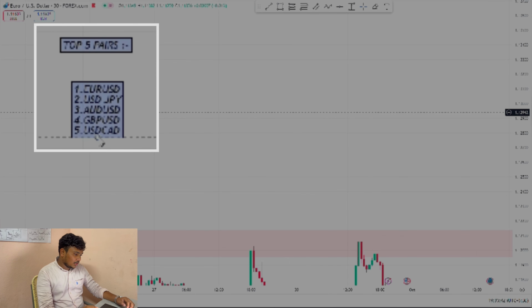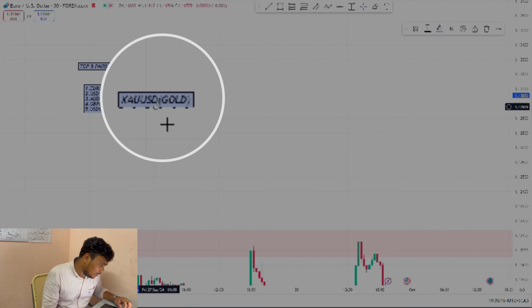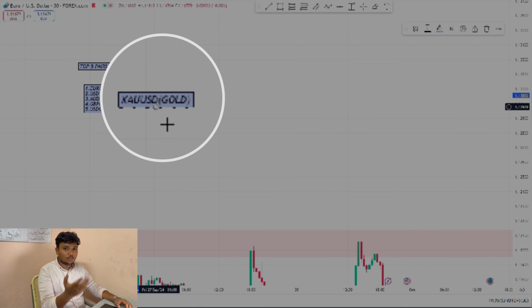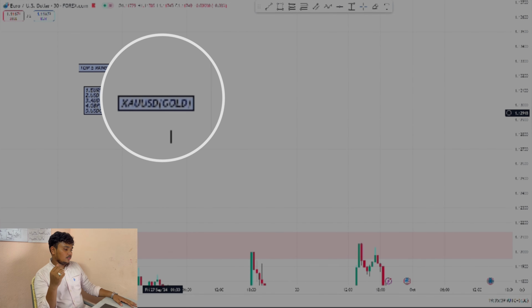And also the last is XAUUSD, gold. It's a very good market if you understand it very clearly. This market is very volatile, and there is so much liquidity in gold. If you understand gold clearly, analyze it well, and do good backtesting on gold, like from 1 year or, sorry, not 2 months, 2 years back, you will get somewhat good results in backtesting.